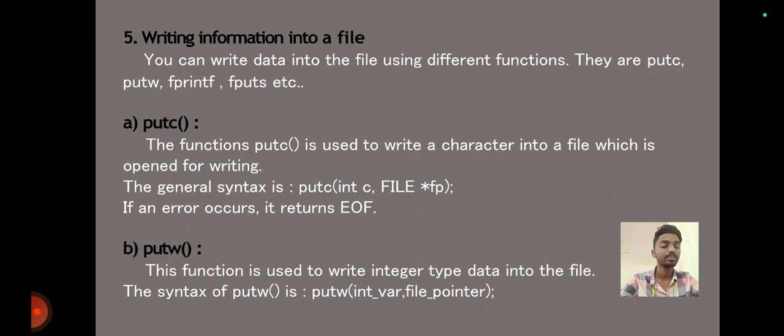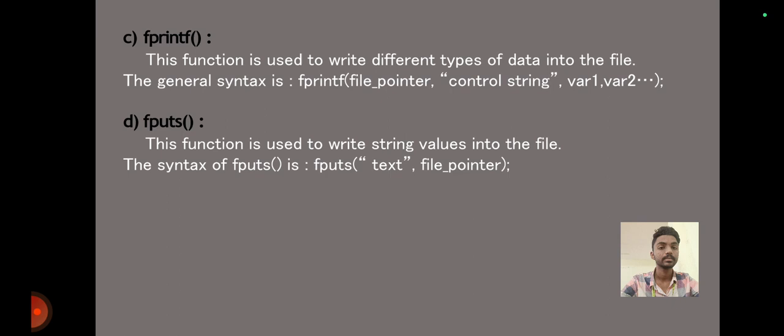The syntax of the putw function is putw(int variable, file pointer). fprintf function. This function is used to write different types of data into the file. The general syntax is fprintf(file pointer, control string, variable1, variable2). fputs. This function is used to write string values into the file. The syntax of the fputs function is fputs(text, file pointer).